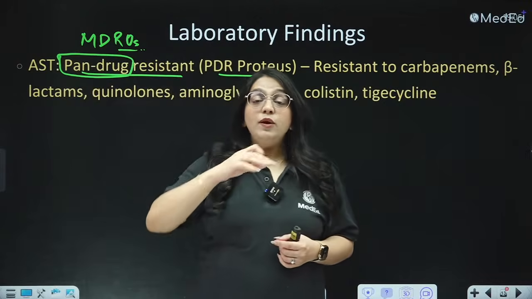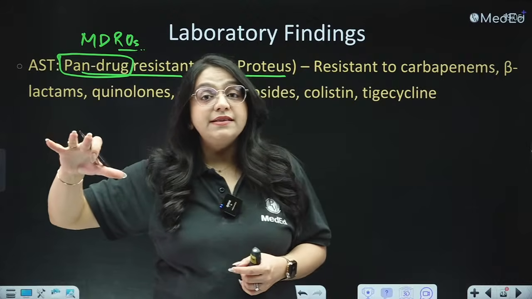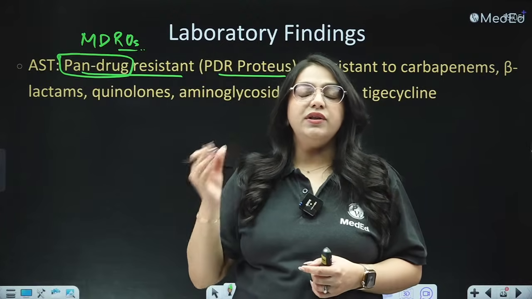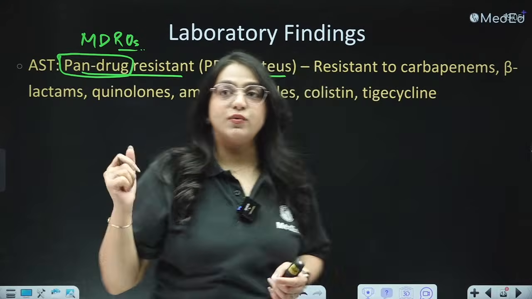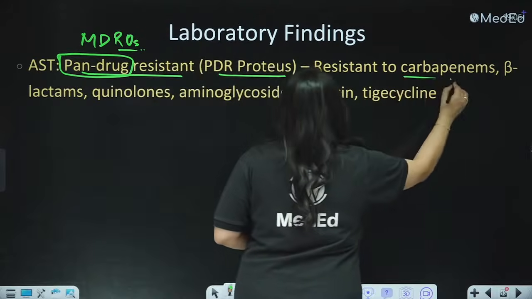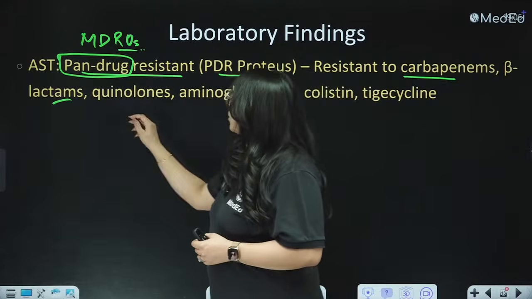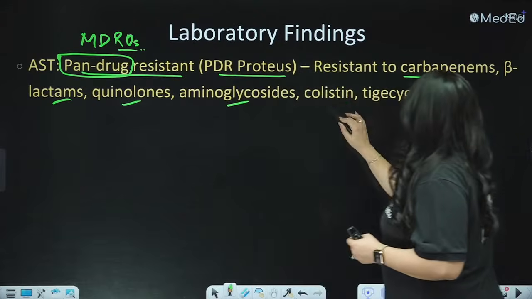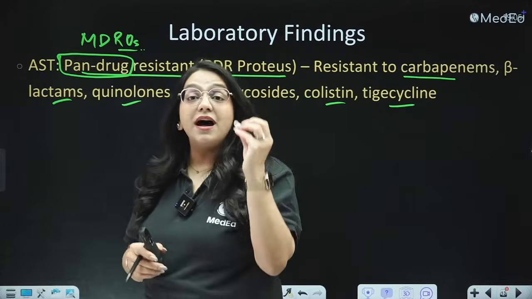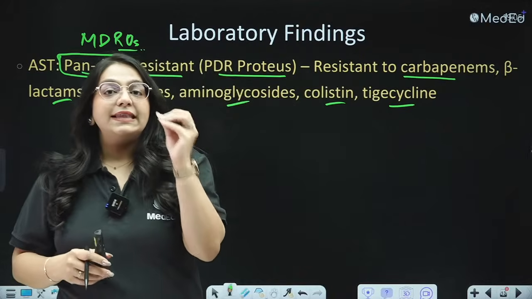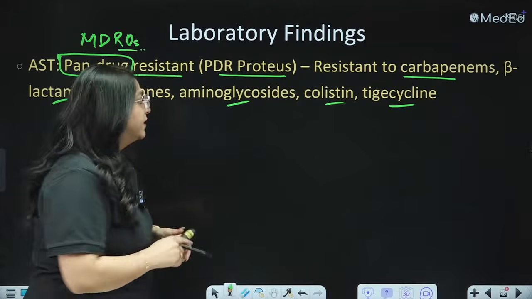When all the classes of antibiotics are resistant. You know, the organism is resistant to all the classes of antibiotics. So you can see carbapenems, beta-lactams, quinolones, aminoglycosides, colistin, tigecycline, it is resistant to each and every class of antibiotic. That is why nothing was working on the patient here.